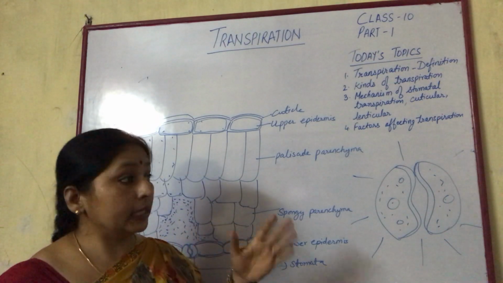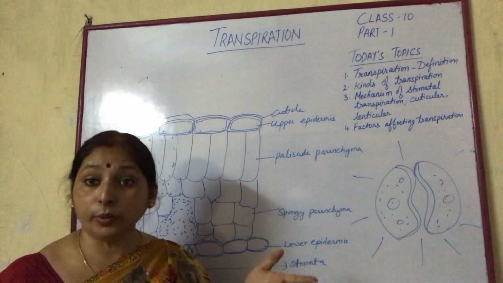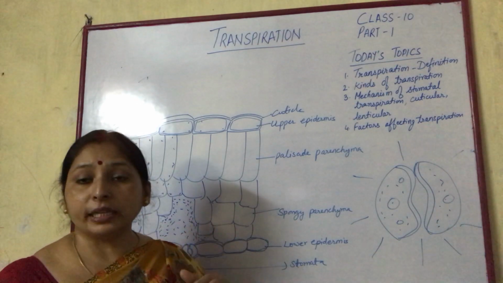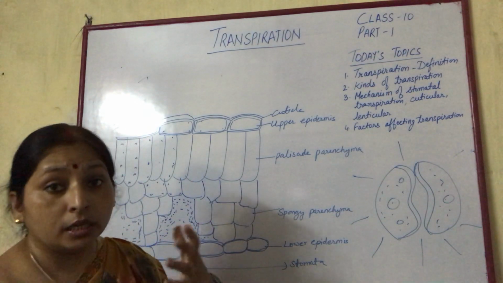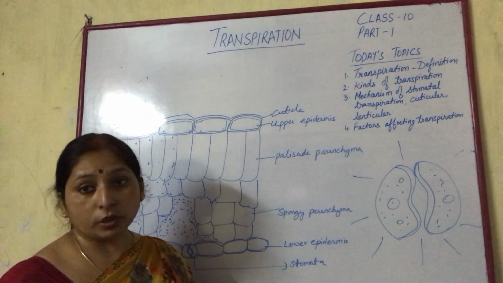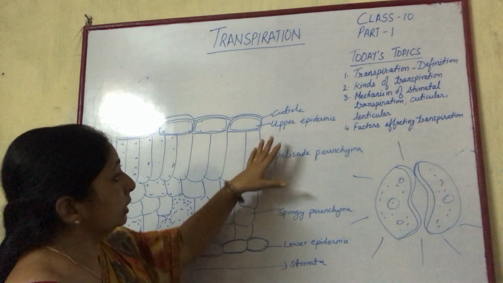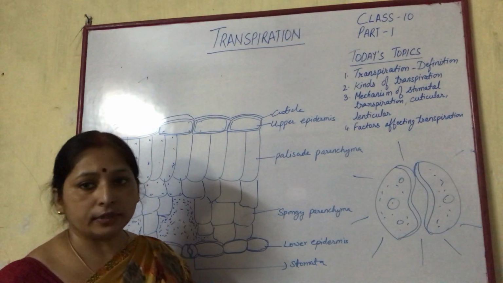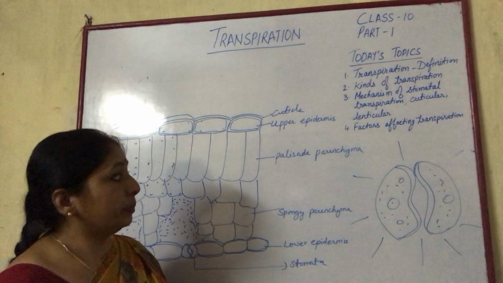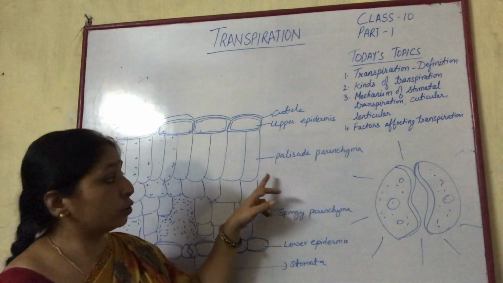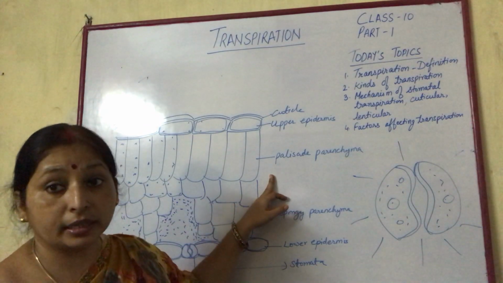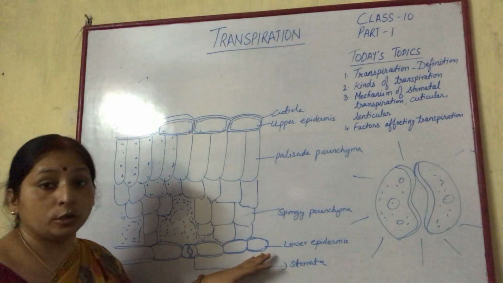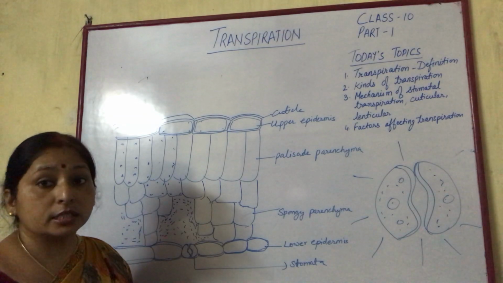In aquatic plants, the waxy coating is thick to prevent stagnation of water on the leaf surface. So the cuticular layer is for protection of the leaf surfaces. Then the first layer is epidermis, next the palisade parenchyma, spongy parenchyma, lower epidermis, and last the stomata.